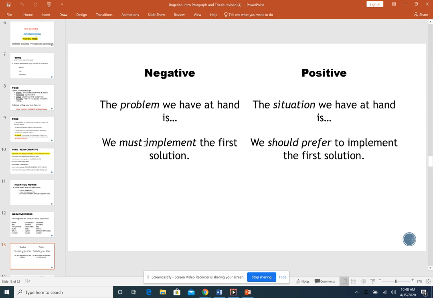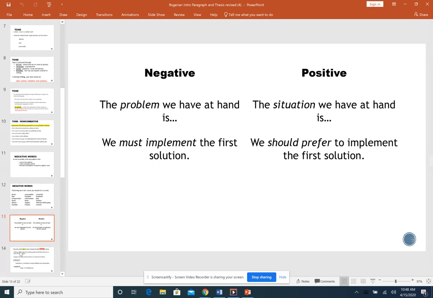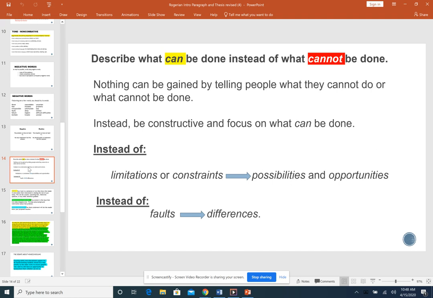We must implement. Must, that's demanding. What if we said we should prefer to implement? If you'll read those out loud to yourself, you'll see the difference in the tone and attitude that it changes for the paper. In your paper, think about describing what can be done instead of what cannot be done.